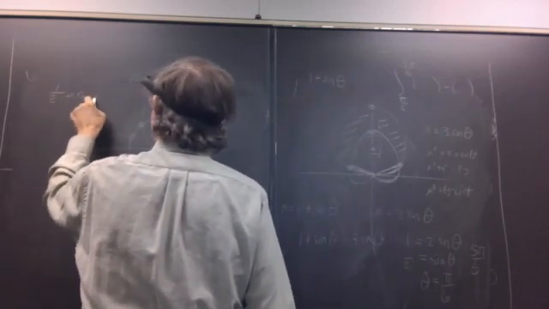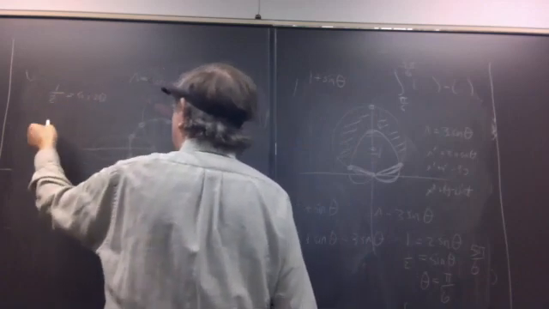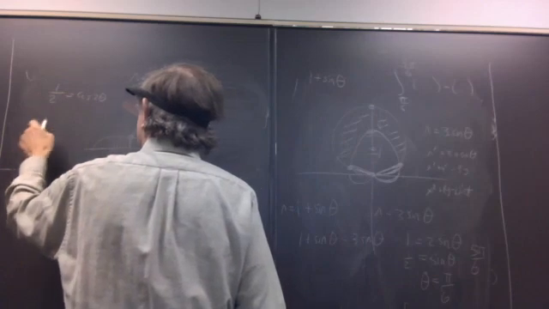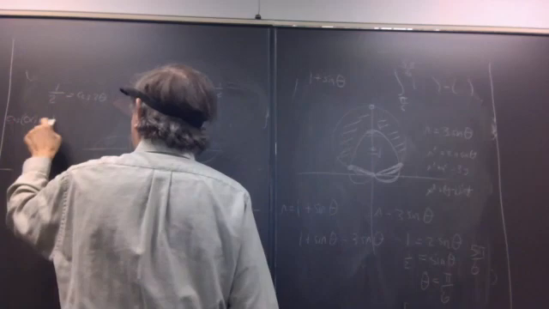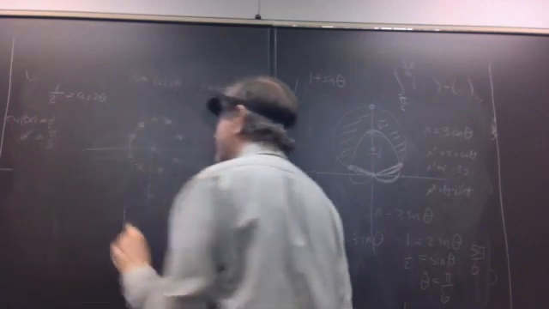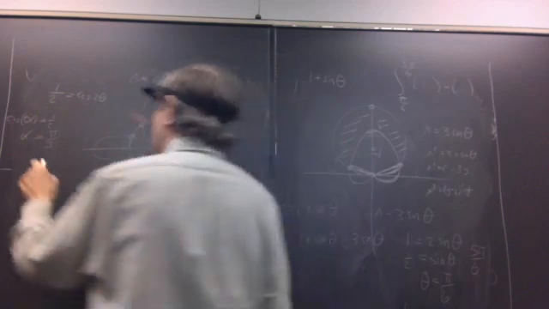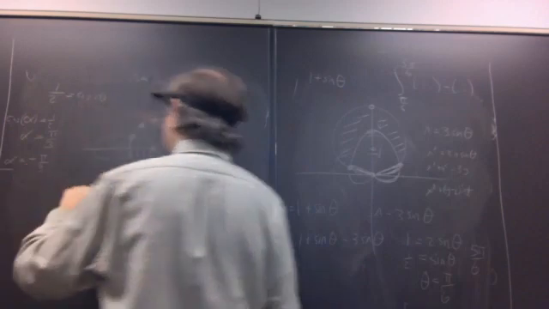Cosine of 2 theta is a half. Well, if the cosine of alpha were a half, that says alpha is pi over 3, or minus pi over 3, if you like.